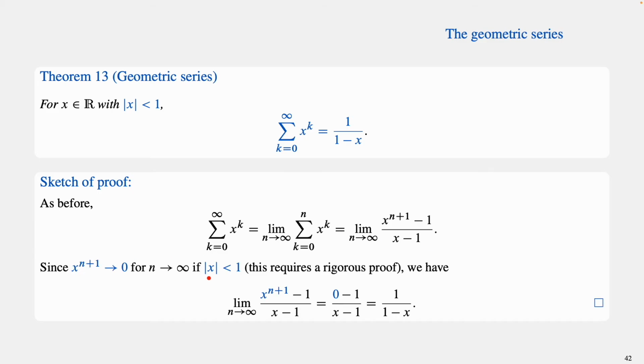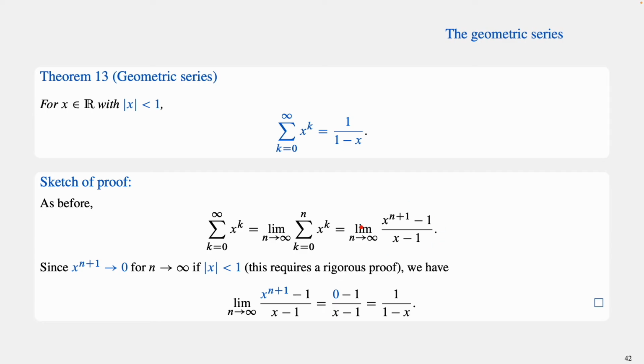Now, if the absolute value of x is less than 1, then x to the power of n plus 1 converges to 0 when n goes to infinity. This would require rigorous proof, so that's why it's only a sketch here, but it is easy to believe: take some number less than 1, and if you multiply it by itself, it gets smaller and smaller, and so eventually it gets arbitrarily close to 0 if you just pick the exponent large enough.